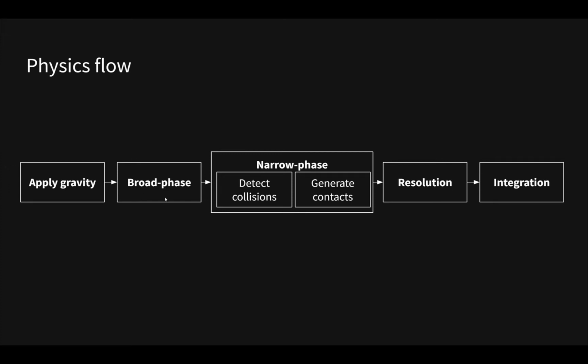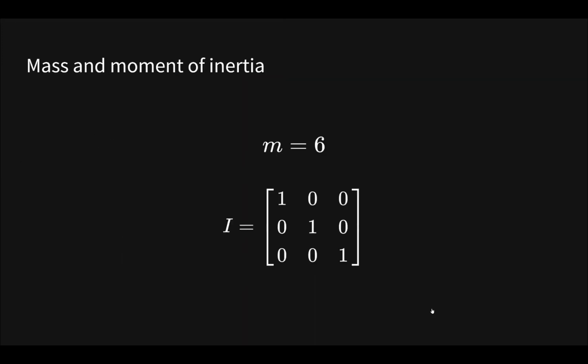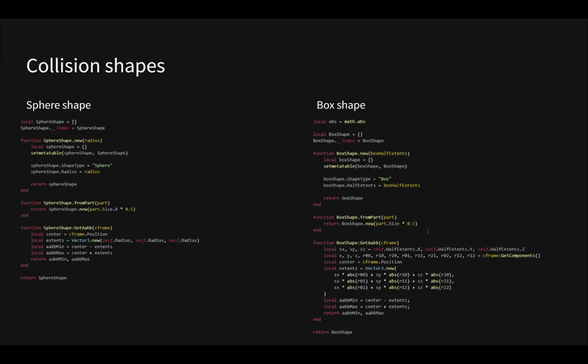And the way you do this is usually with axis-aligned bounding boxes. Those are a lot cheaper to check if they're overlapping or not, and they're pretty easy to compute too. If you want to calculate the bounding box of a box shape, you can use this function here.